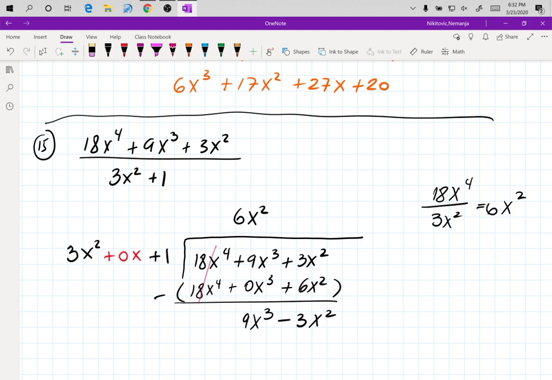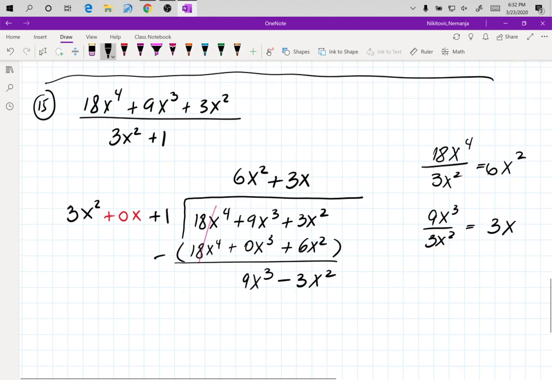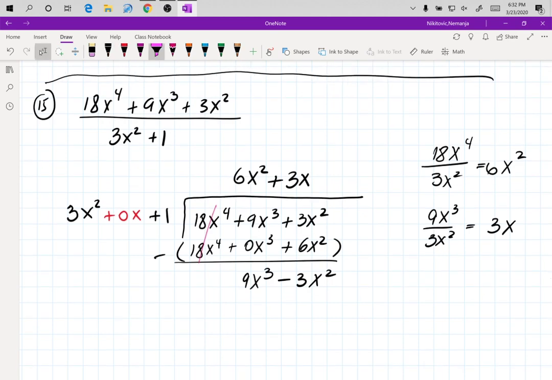Now, you ask yourselves, how many times 3x squared goes into 9x cubed? So that's 9x cubed divided by 3x squared, which is 9 divided by 3 is 3, and we just have an x, and it's positive. So plus 3x. And multiply back, remember.